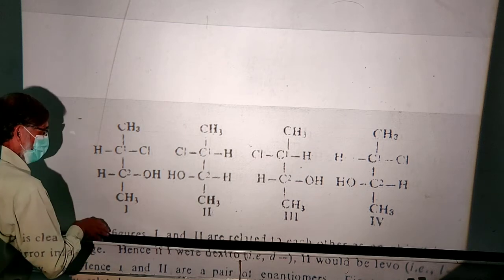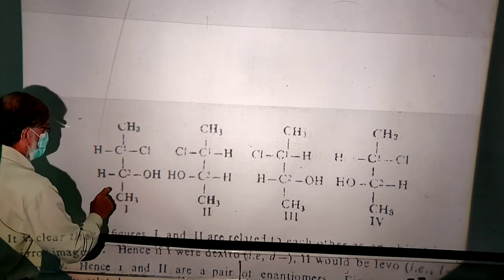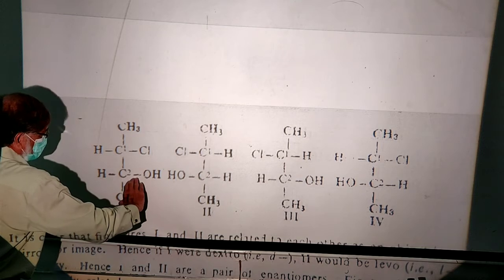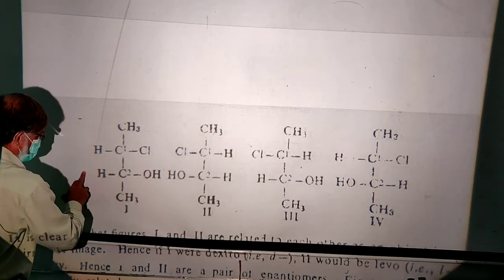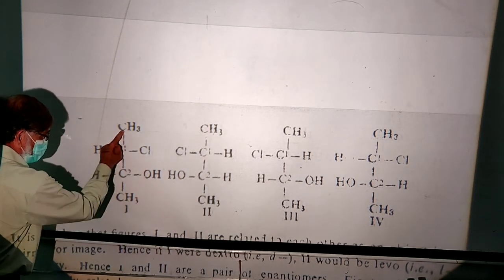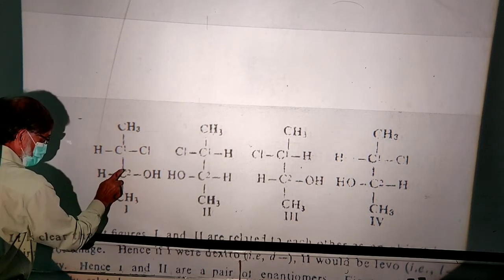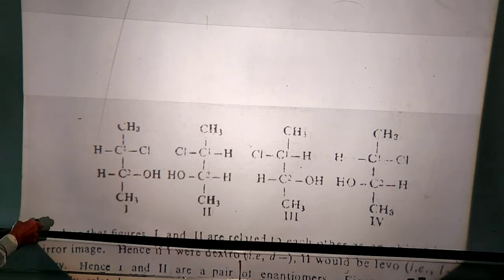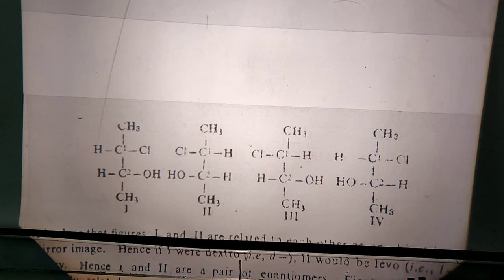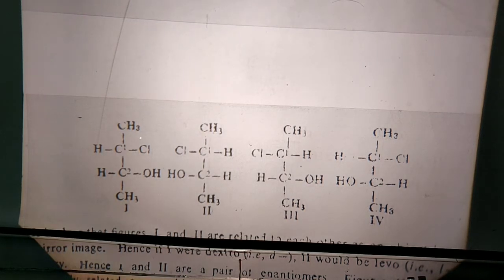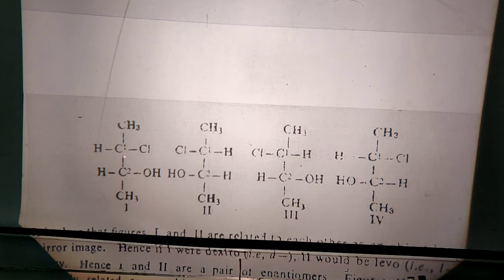Now again, how could the second be asymmetric? You can see this carbon has an OH group, a hydrogen, a CH3 group, and towards the upper side the entire group is attached. Now this carbon also has 4 different ligands attached. Once again, explaining carbon 1: here is CH3, Cl and H, and towards another side this big group is attached.